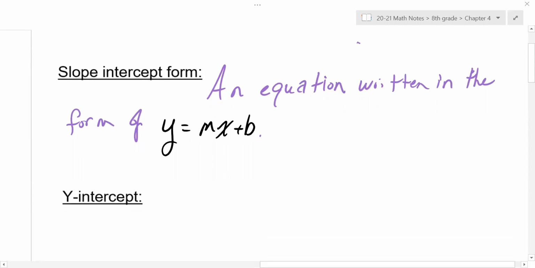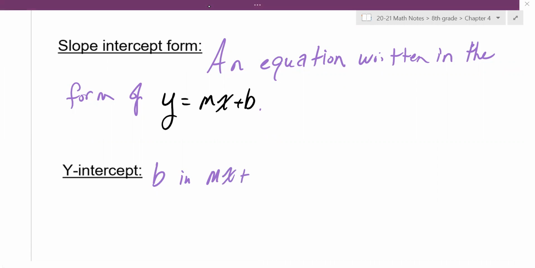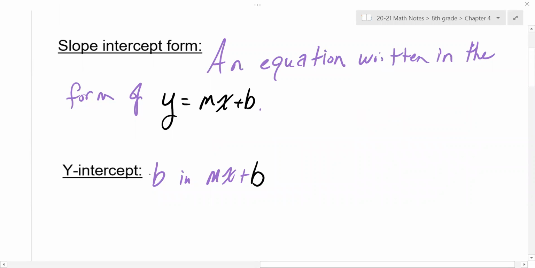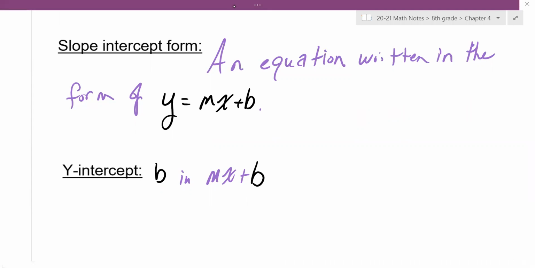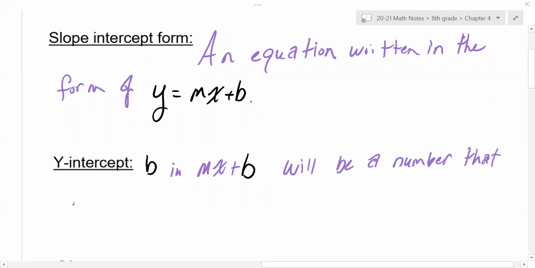The y-intercept is b in the mx plus b. And it will be a number that isn't multiplied by something.